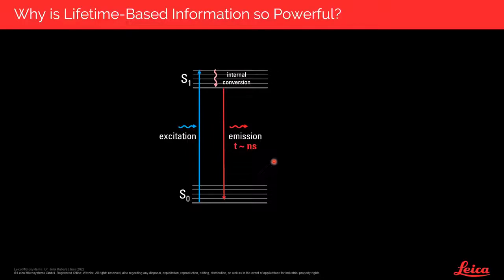And this emission is characterized by a number of photons emitted, and we can measure an intensity, and this is what we see with the emission of fluorescence. But also another characteristic is the time that it takes for the molecules to go back to the ground state, and this is what we assign and what we measure as fluorescence lifetime.